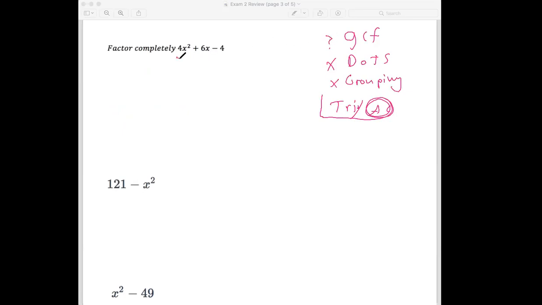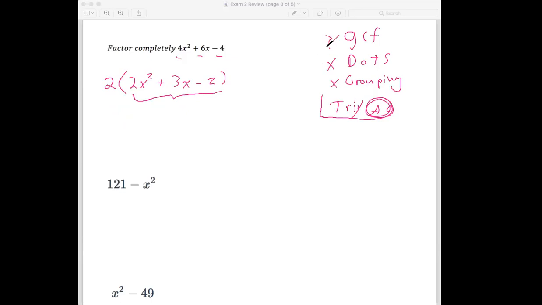Is there a GCF between 4, 6, and negative 4? Yes, there is. It's 2. So now we want to rewrite this as 2 times 2x squared plus 3x minus 2. Okay, and now we look at this thing and we say, well, what is this?